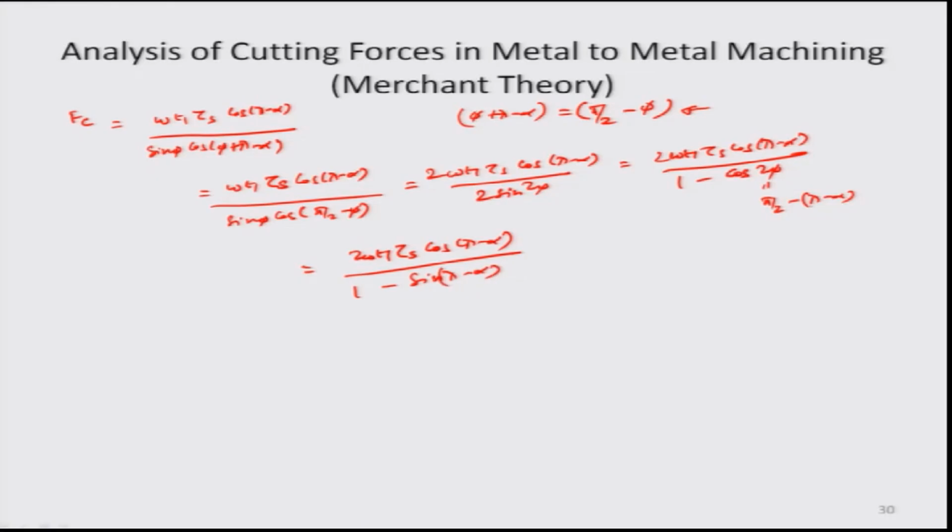Obviously, cos of pi by 2 minus lambda minus alpha would be sine of lambda minus alpha. So, this is ultimately the form which comes out for the Fc value on this particular optimum criteria corresponding to the value of phi that has been recorded using this power minimization criteria.